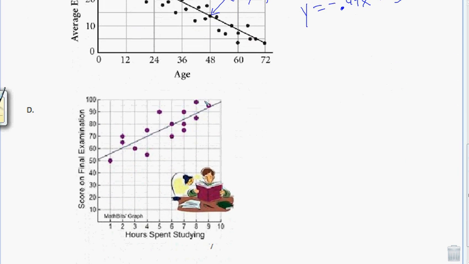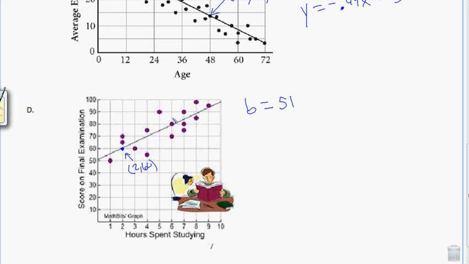This has a positive slope. I'm going to say that the y-intercept looks like it's at about, what do you think, 51? And points. I don't know, this looks like I can make it a point. That would be 2, 60.